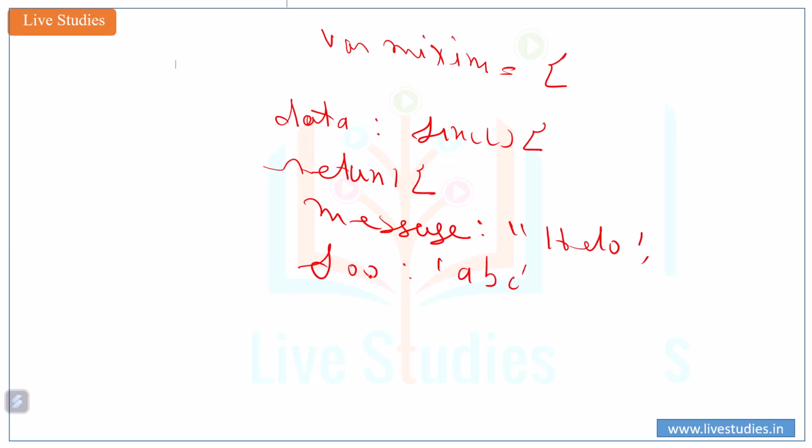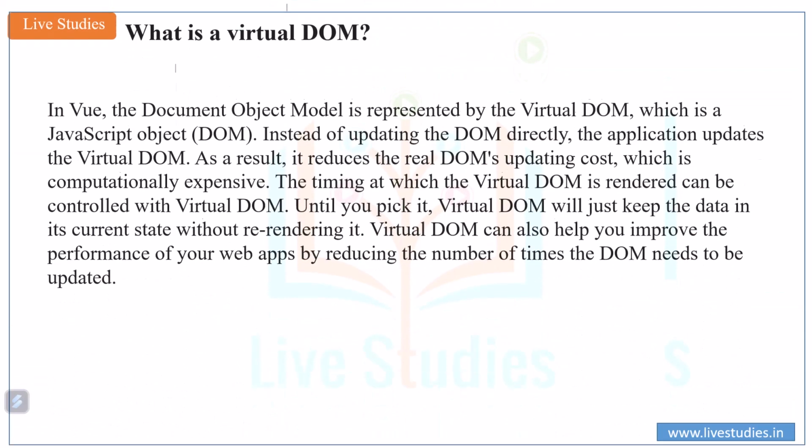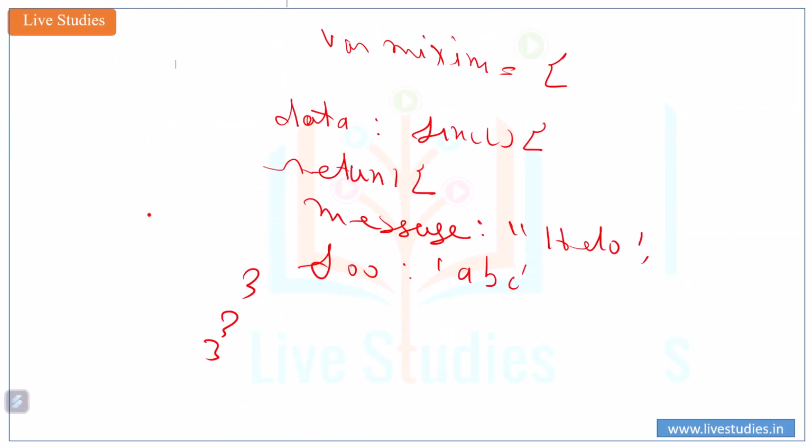Then close this one and this one, three brackets closed: one, two, three. Then in the same way, create a new Vue, with mixins set to the mixin, and then a data function, the same function, returning message: goodbye and bar: def. Then create a function to run it, with console.log of this.$data.